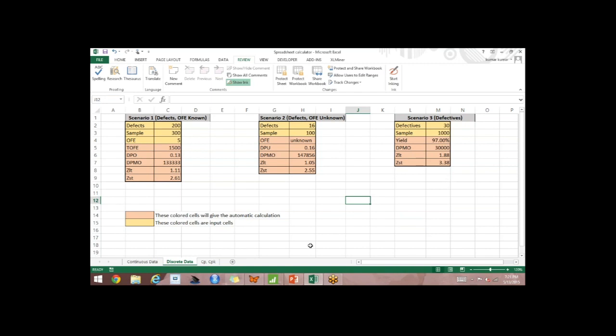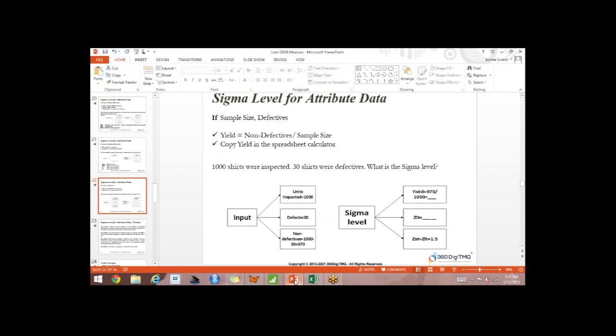So remember that. If you're doing a consulting engagement for a client, and the client's current process is operating at 3 sigma, then probably you will have to say that I'm going to do some improvement and try to bring up your sigma level to probably 4 or 4.5 sigma.